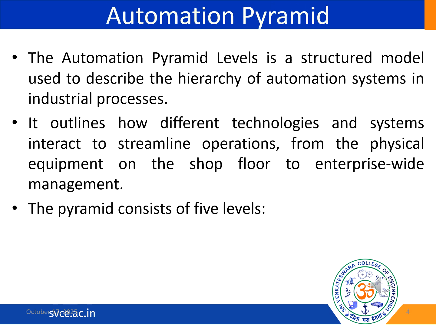Next, you will be learning about the automation pyramid. It is considered to be a structured model used to describe the hierarchy of automation systems. Here in the automation pyramid you have five different levels, which we'll be seeing in the next slide.